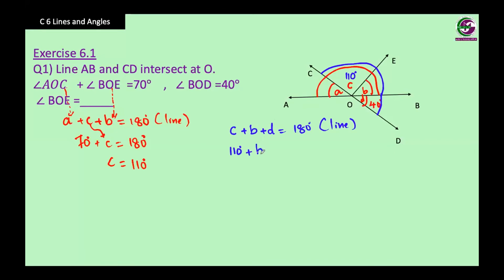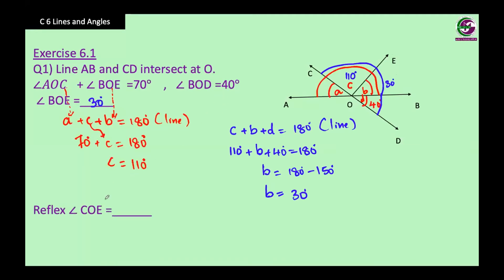B is missing. And angle D is 40 degree. Altogether is 180 degree. 110 plus 40 is 150. So 180 minus 150 will be the angle B, which is 30 degree. So angle BOE is 30 degree. So we got the first answer.